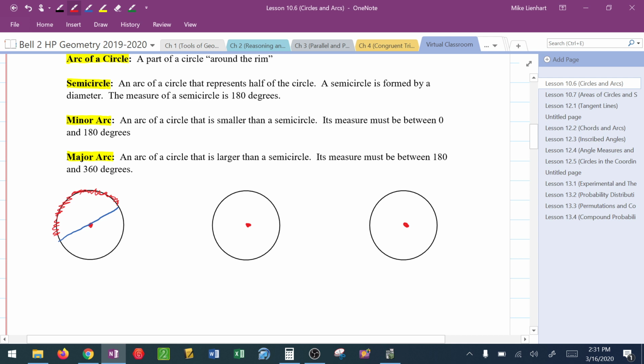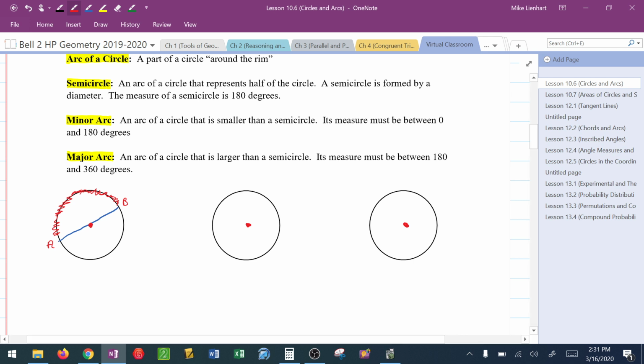Now, when you're naming a semicircle, you're going to want to use three letters. And if I just put A and B there, you can kind of see why. I want to name the arc that I kind of did the squiggly lines on. If I call it arc AB, you don't know whether I'm talking about the arc with squiggly lines or the underneath part of the circle down through here. All right?